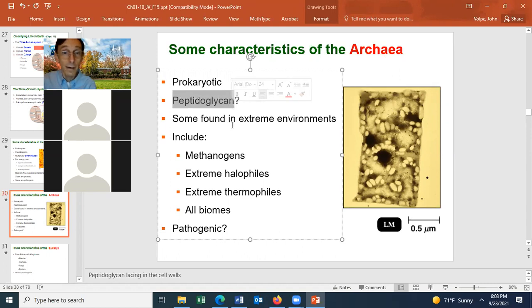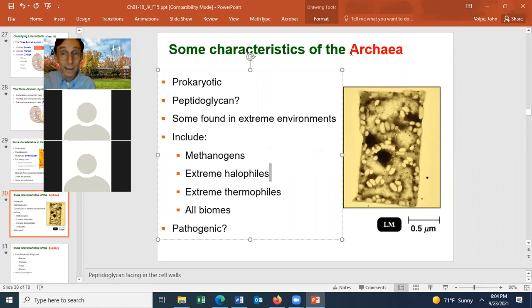Some of the archaea are found in extreme environments, and these include the methanogens, archaea that produce methane, the extreme halophiles. Halophile means salt lover. So you can go like in the Dead Sea between Jordan and Palestine, and you'll find halophiles living in the Dead Sea.